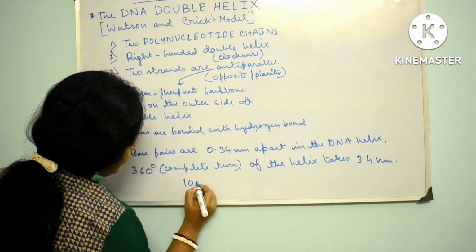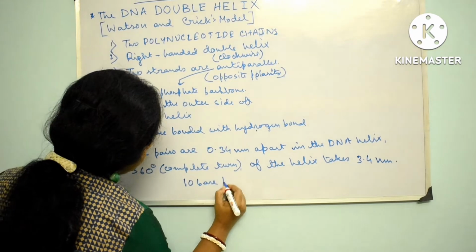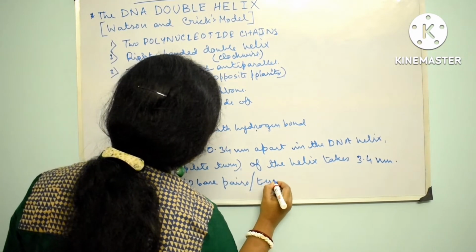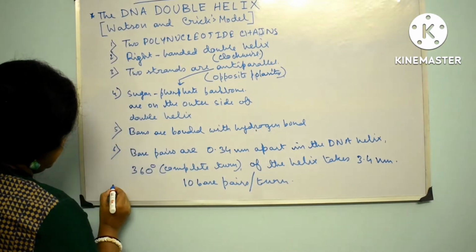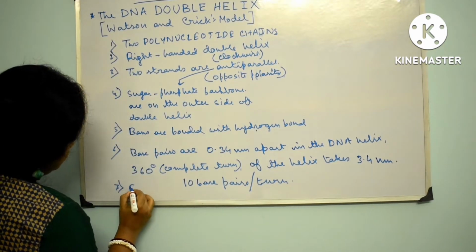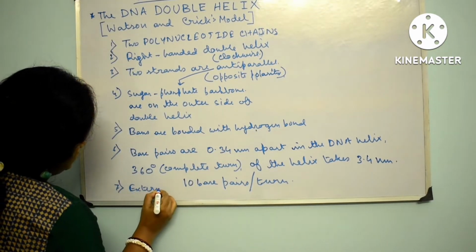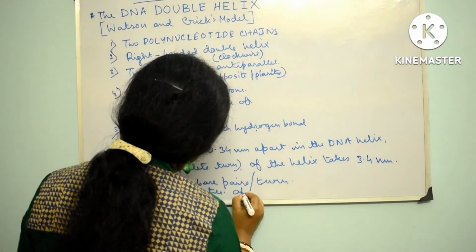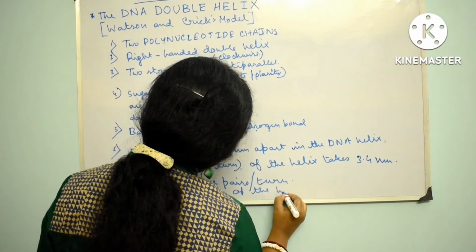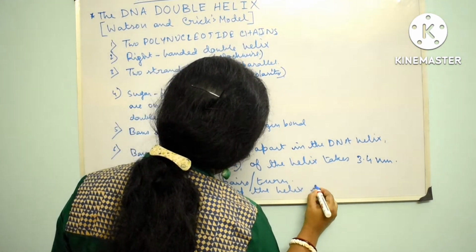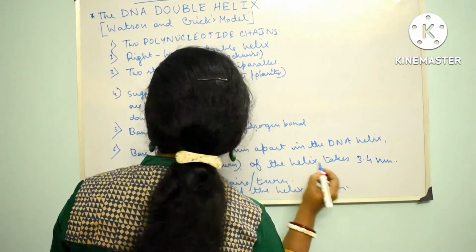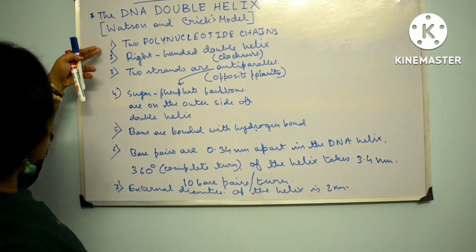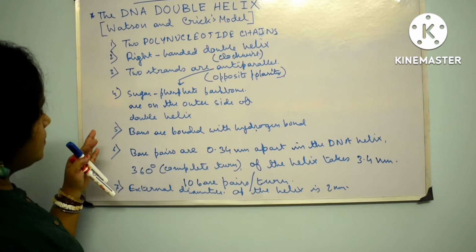Therefore, there are 10 base pairs per turn. And point number 7, the external diameter of the helix is 2 nanometers. So here I have already discussed the 7 points.